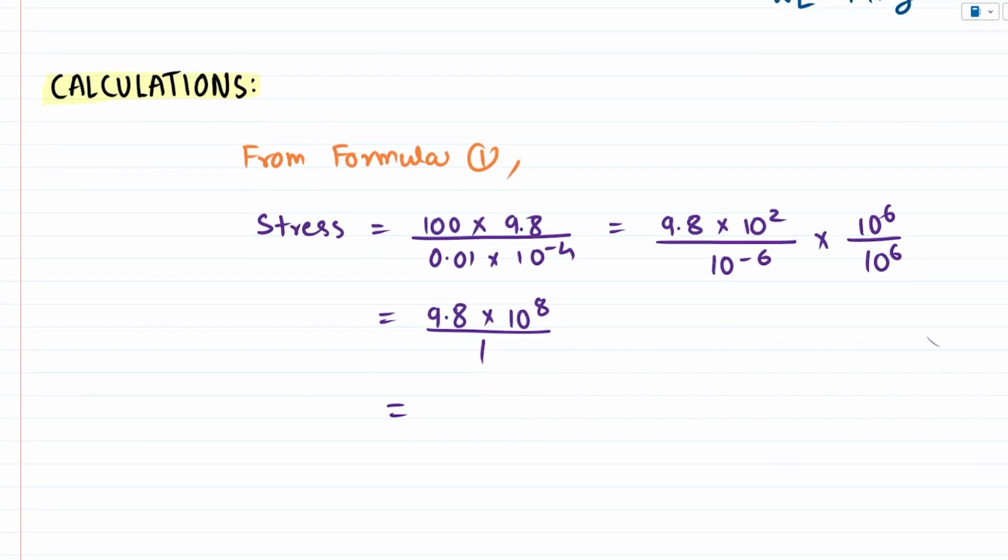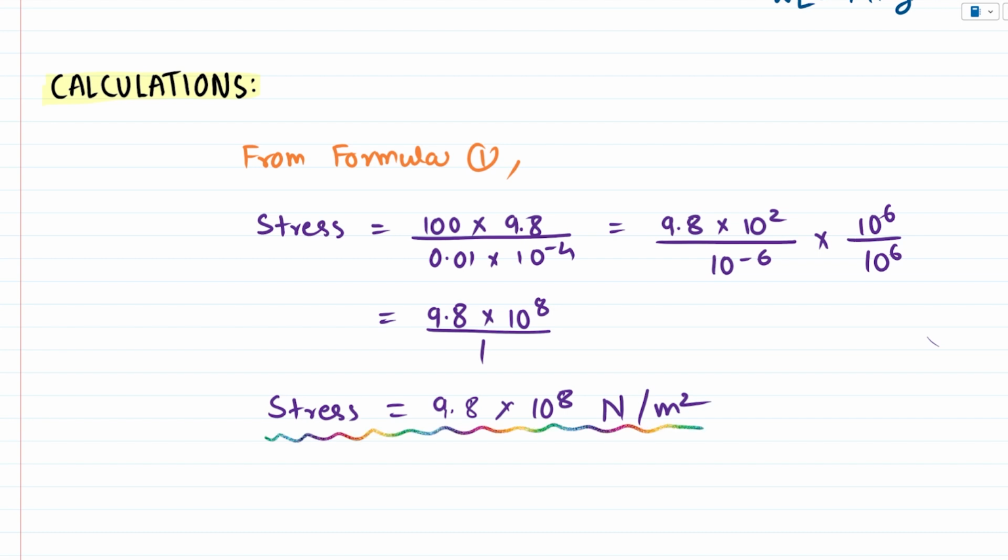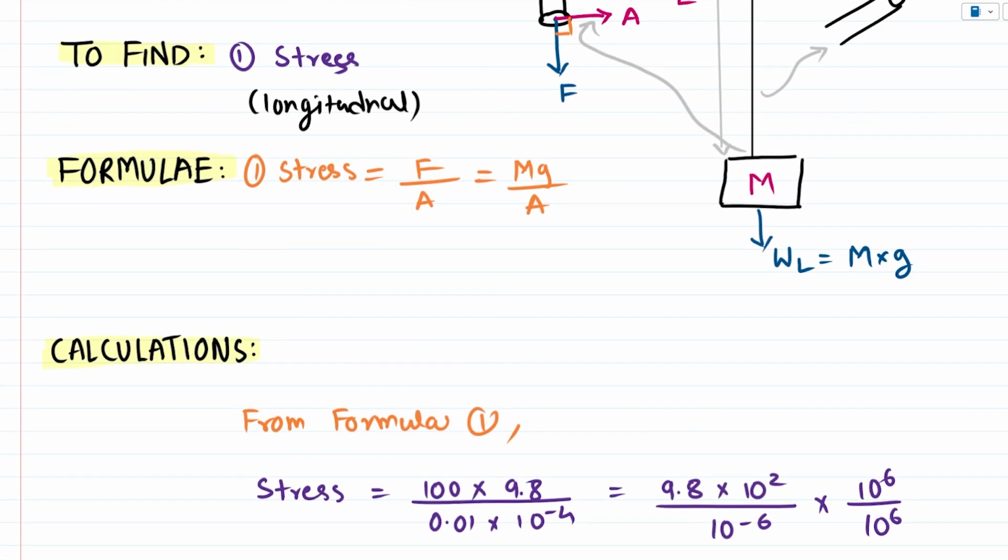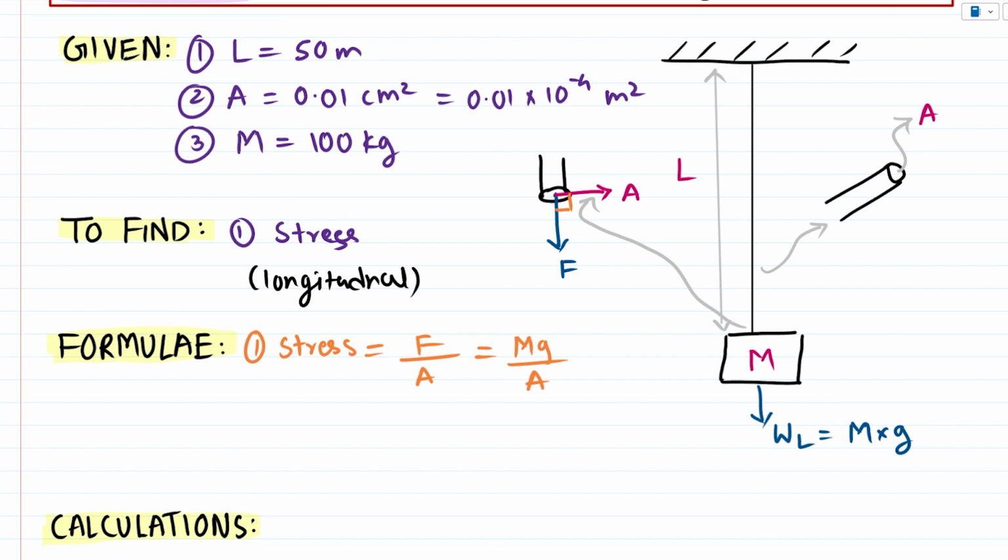So final value of our stress, that is the stress in our wire, is 9.8 into 10 raised to 8 newtons per meter square. Very, very important, that is the units for quantities. So this is our final answer. So final statement can be the stress in the wire is 9.8 into 10 raised to 8 Newton per meter square.